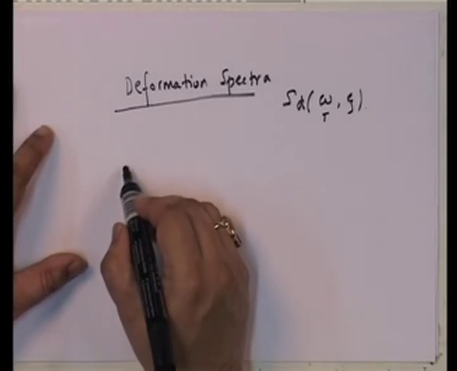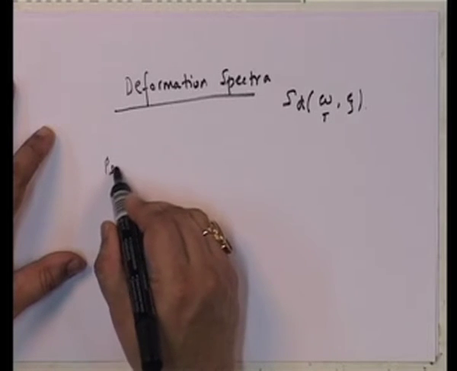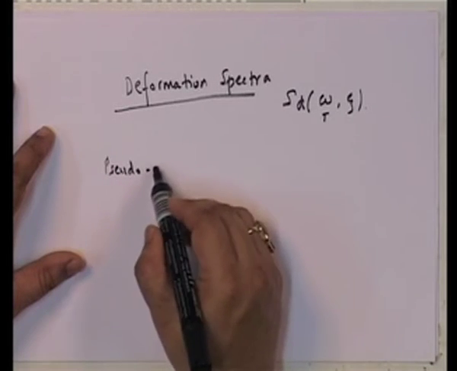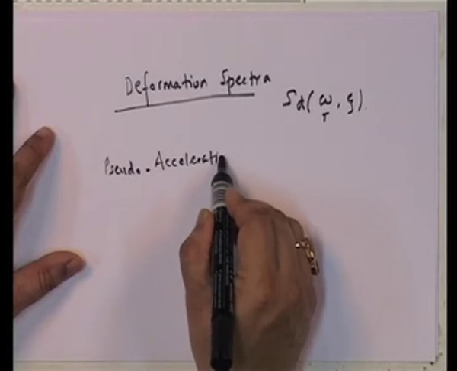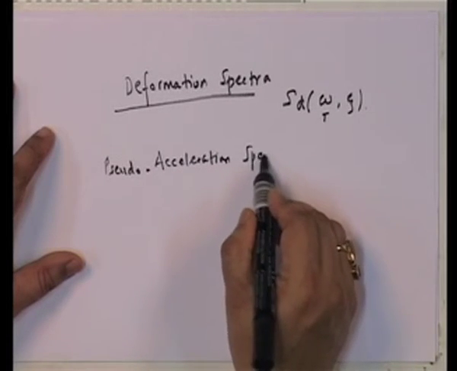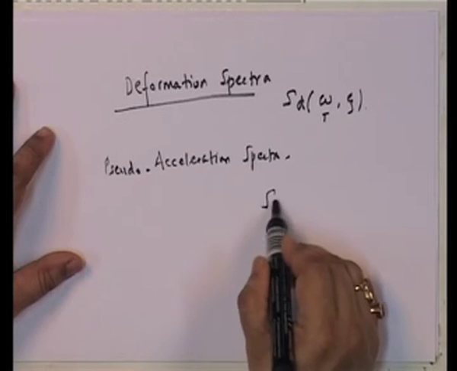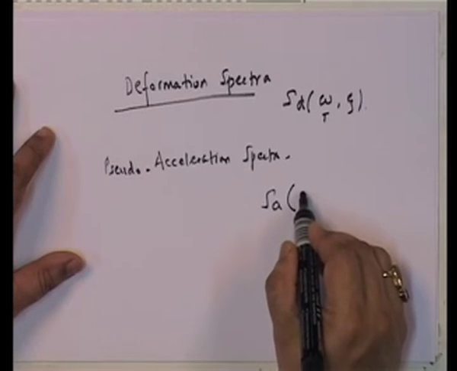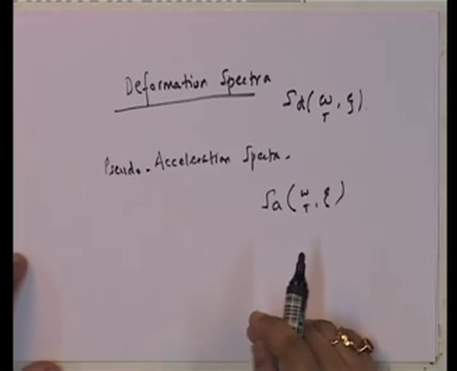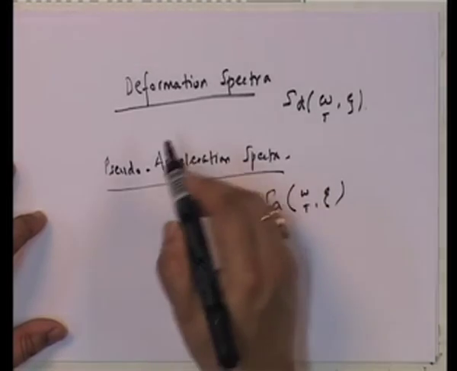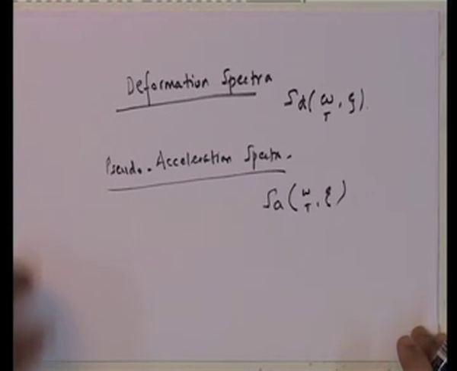Okay, and I have looked at the pseudo acceleration spectra, which is S A, function of omega or t, and psi. These two are things that we have looked at.